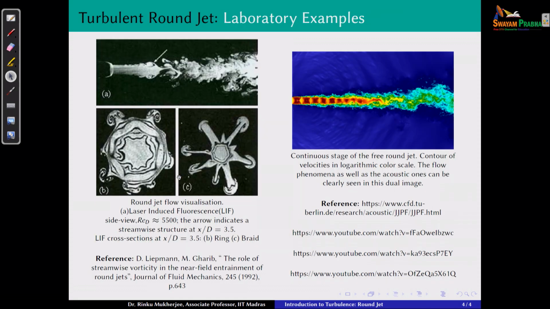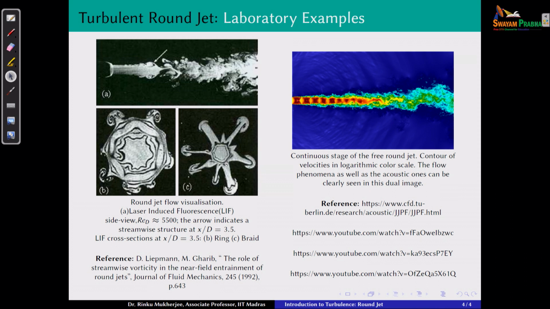So when I come here, I look at this and I see these flow structures. One thing to notice is that this is a flow visualization. You just set up an experiment and you see this. And if you look at another view of that, they're calling that a braid.